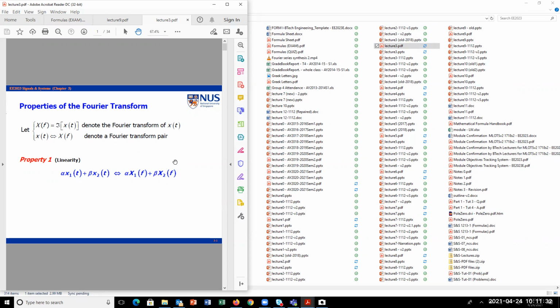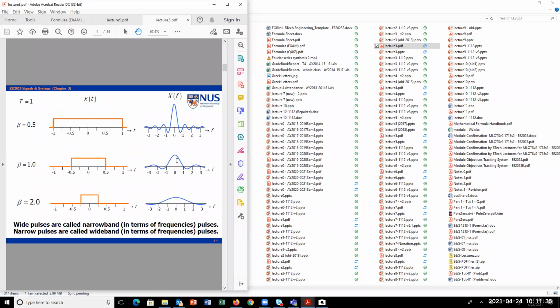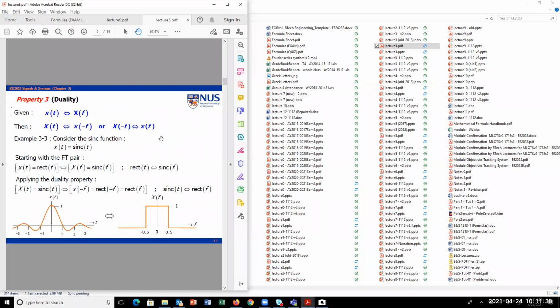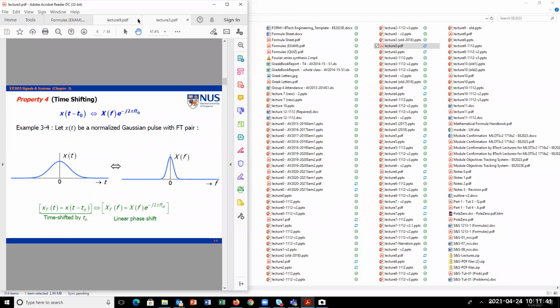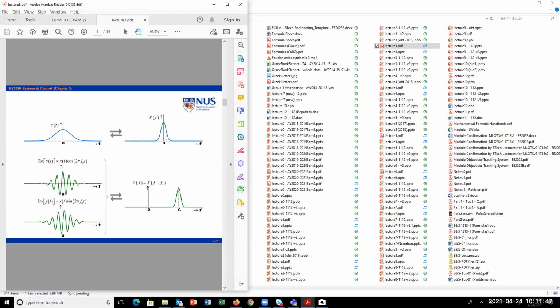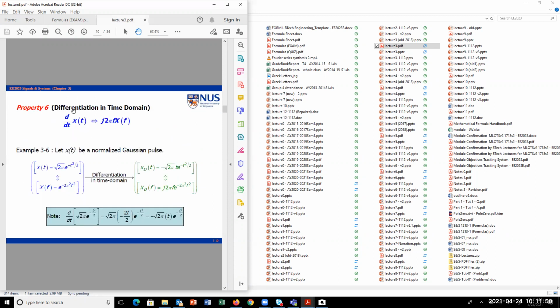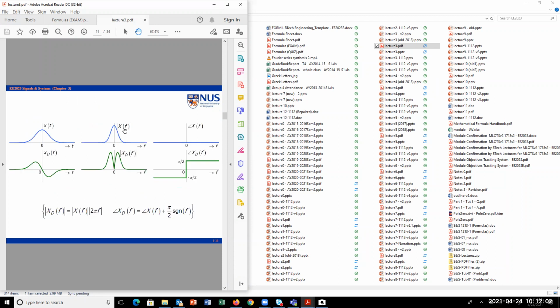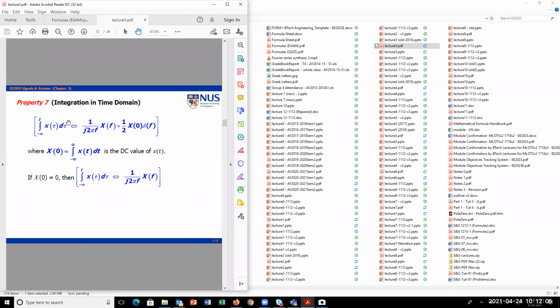So when you differentiate a time signal, which is here, differentiation, when you differentiate in the time domain, in the frequency domain you multiply by j2 pi f. That's all you need to know. Similarly, if you're integrating in the time domain, this is what happens to the spectrum of x in the frequency domain.